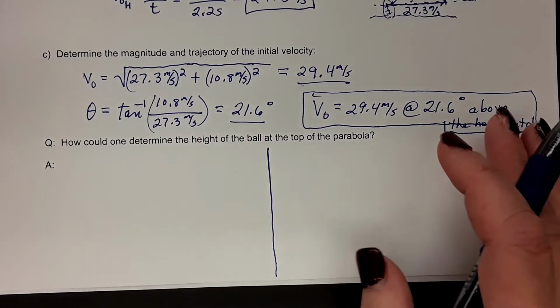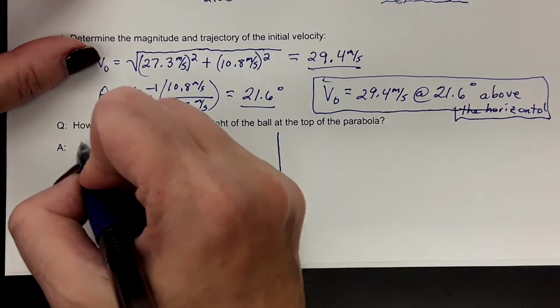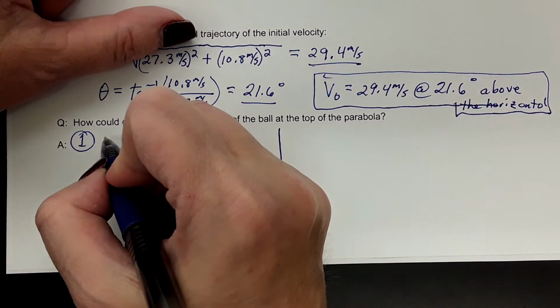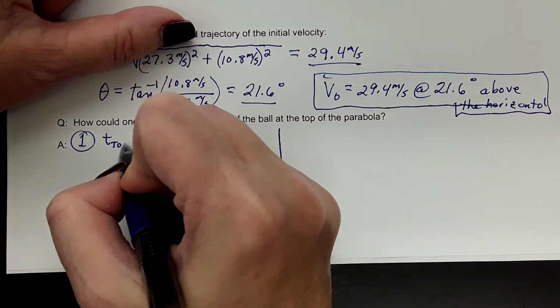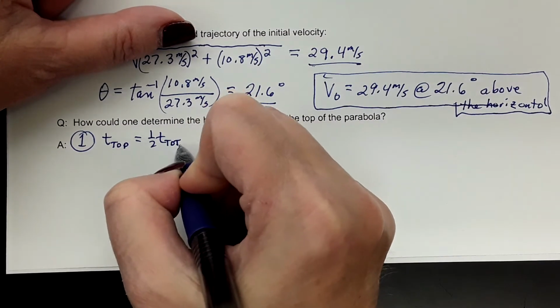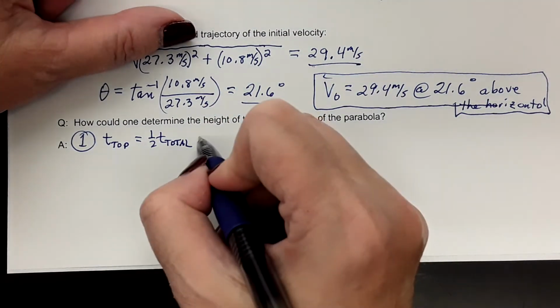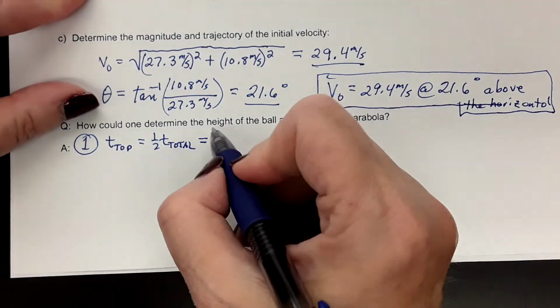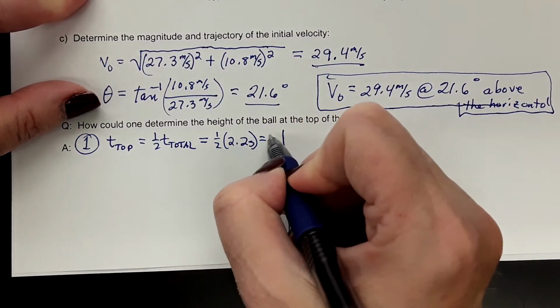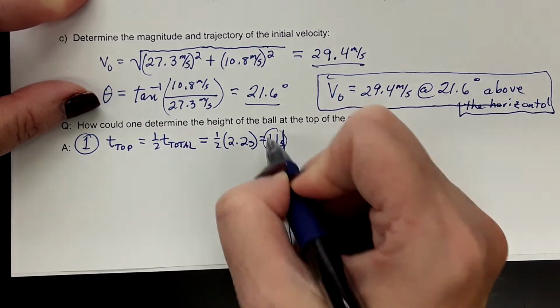So let's look at what the two ways are, okay? Choice number one. We know that the time to get to the top of the parabola is half the total time, half the hang time. In this case, that would be half of 2.2 seconds, which is 1.1 second, right?